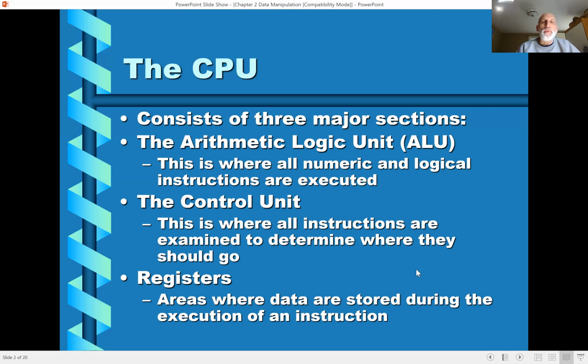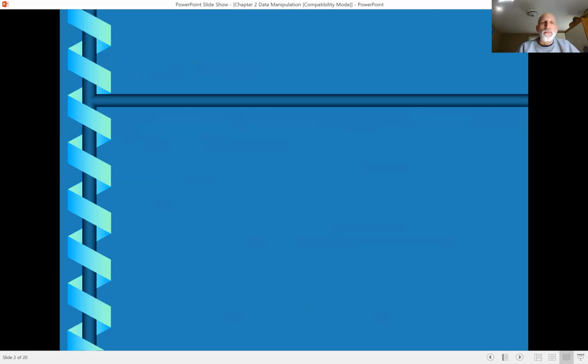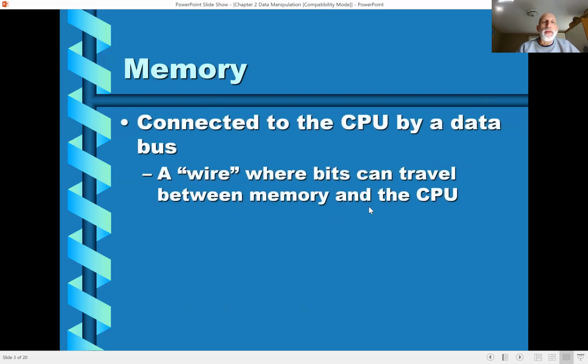And then we have an arithmetic logic unit. All that's on your test. Memory is connected to the CPU through what's called a data bus, which is a series of wires that carries a single bit, either a 0, no voltage, or a 1, which is voltage.